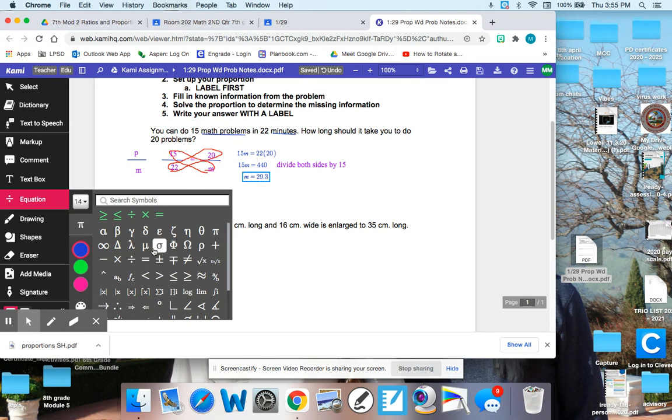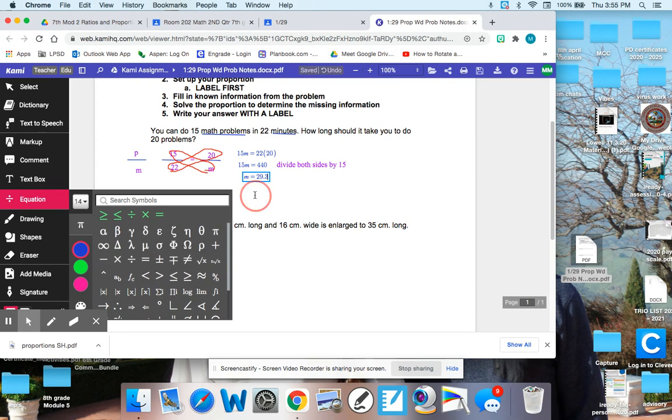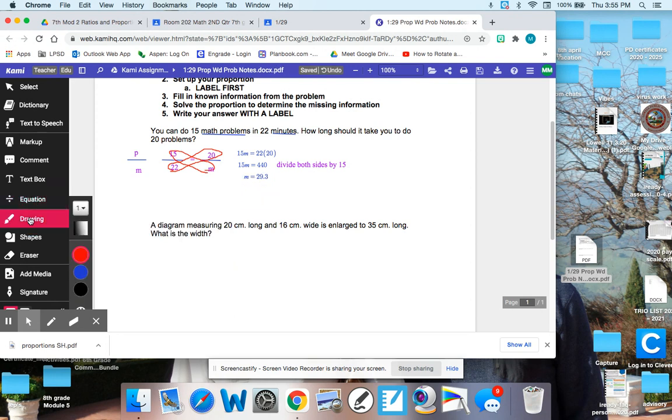Now, I don't know if I have a repeater bar in here, but I certainly can take and draw my line over my 3. Okay, my 29 and 3/10 repeater.